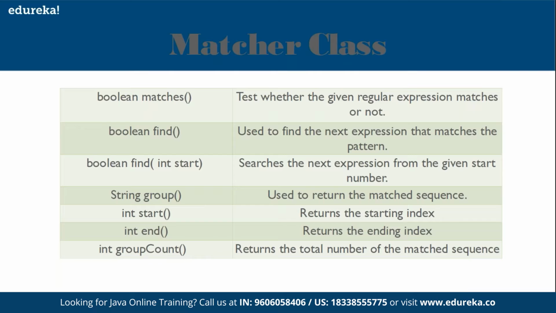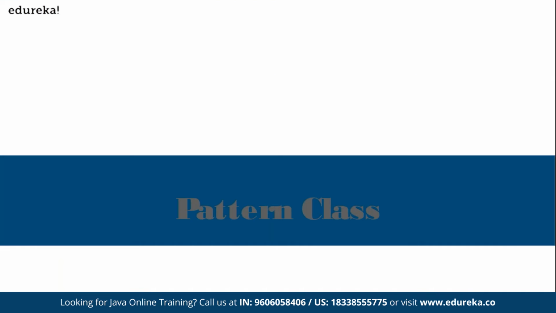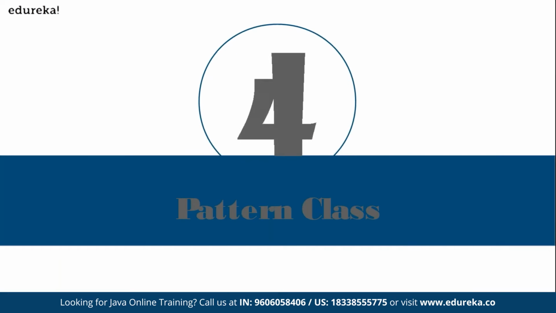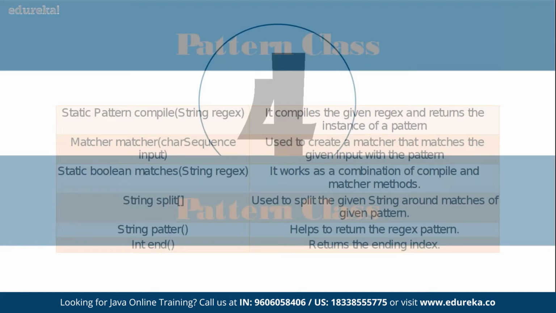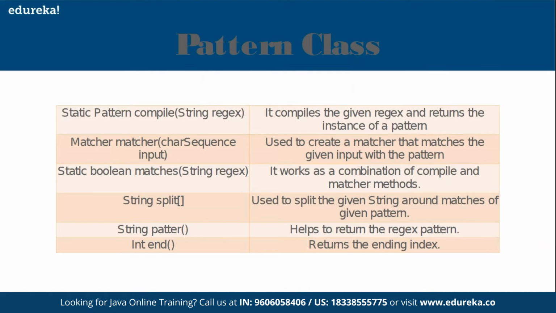Now we have something called the Pattern class. So what is this Pattern class all about? Pattern class is a compiled version of a regular expression which is used to define the pattern for the regular expression engine. So we have a method, that is, static Pattern compile(String regex). It compiles the given regular expression and returns the instance of the pattern.